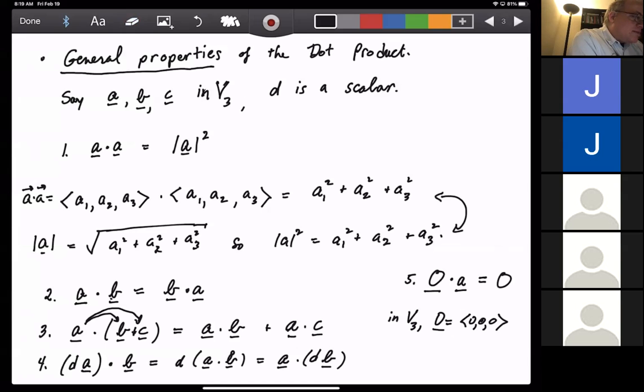We set up these general properties assuming that our vectors were in V3, but these properties hold if all of our vectors are in V2, or if all of our vectors are in V4. In general, if the vectors live in the same space so that we can define everything that shows up here, these properties are going to hold in general for the dot product.